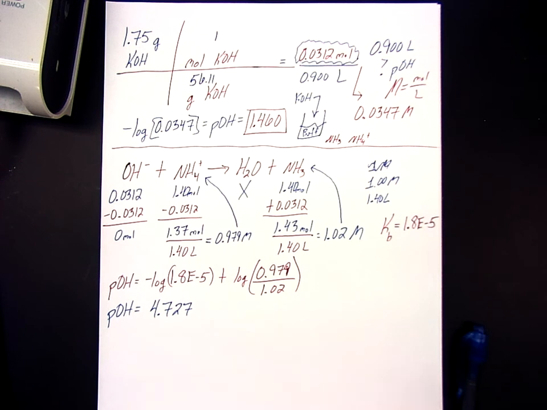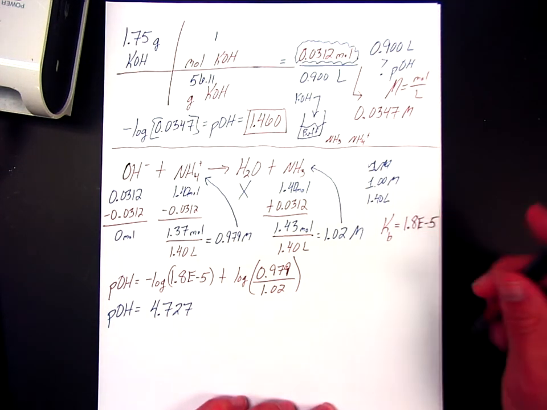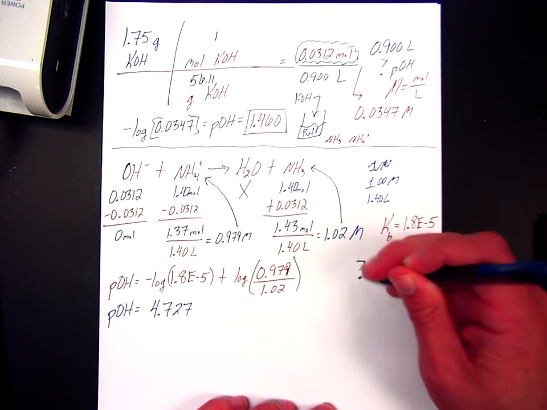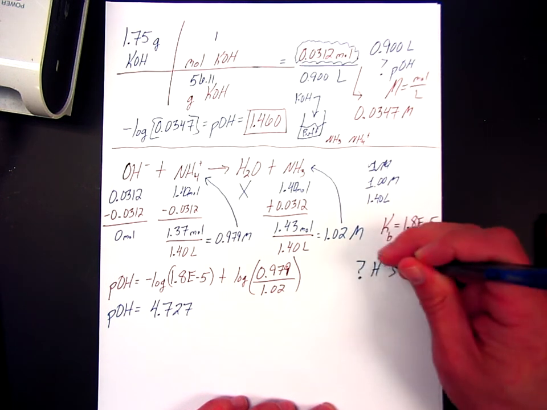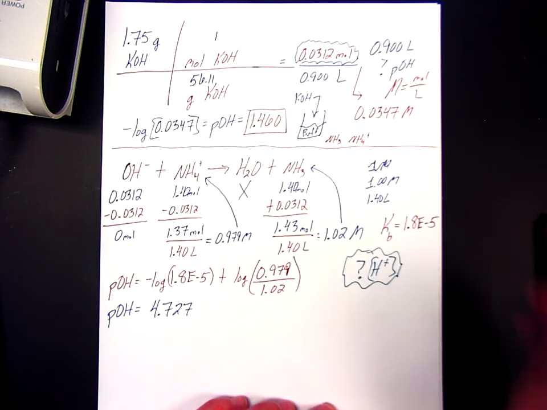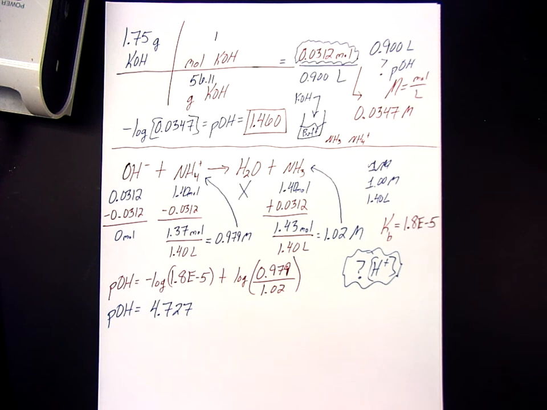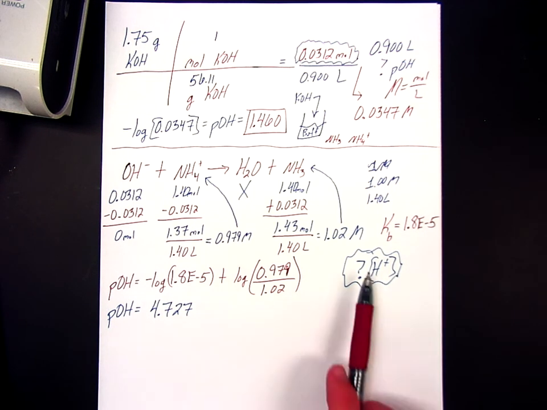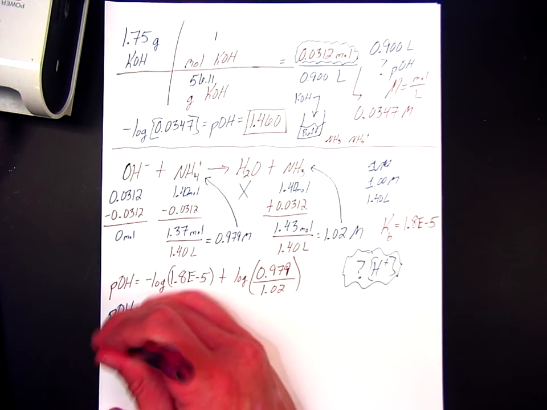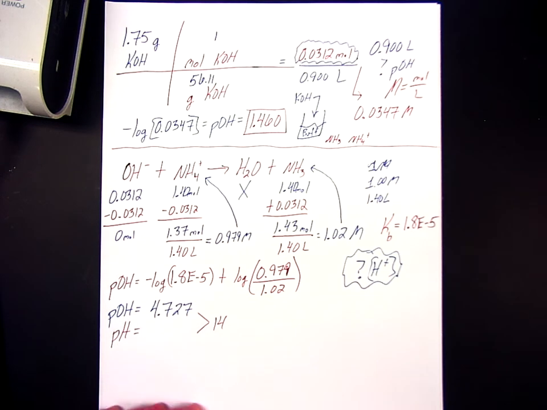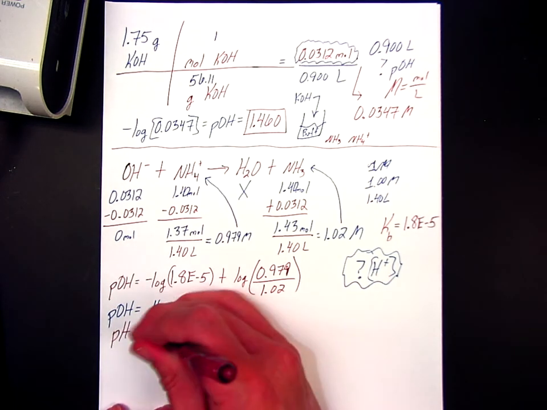All right. Now, this second part of the question is actually asking, it says, what is the hydrogen concentration? All right, so it's important that we realize that that's what it wants. So we've still got some work to do. To get to H+, I need a pH. So I know that these two numbers will equal 14, which is going to give us a pH of 9.273.